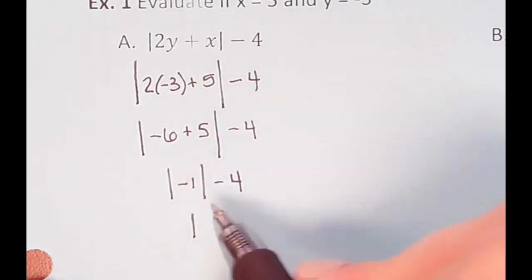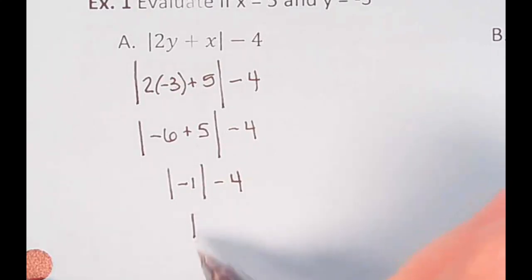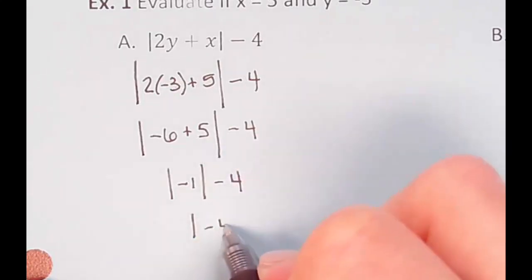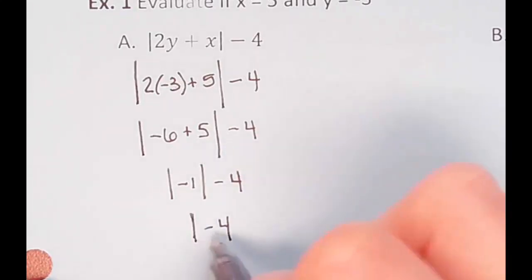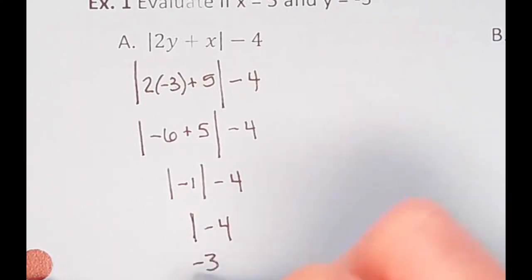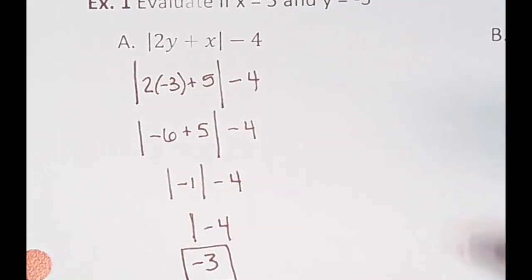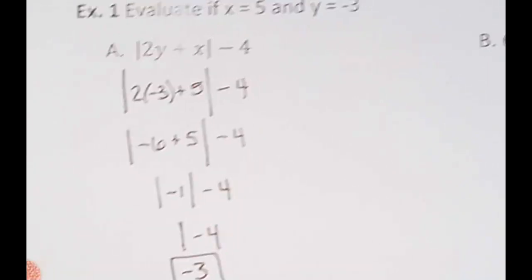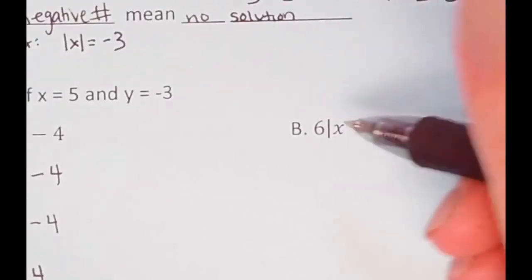Part B. Again, instead of x, we're plugging in 5 minus our y. Our y is -3. So I have 6 mushed right up against the absolute value bars. That's denoting multiplication. And then 5 minus -3.